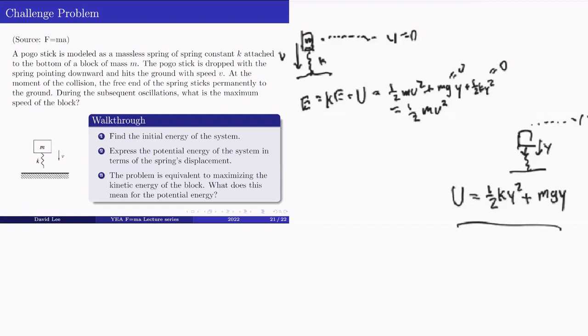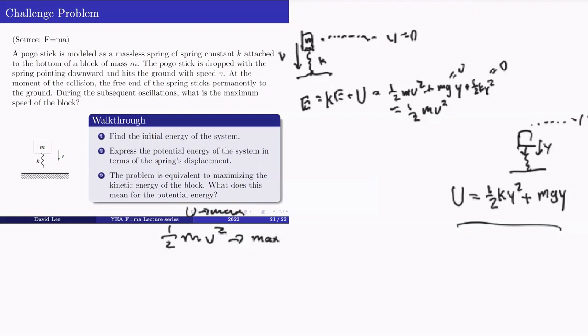But what this really means is if v is maximum, that also means that its kinetic energy is at a maximum, because 1/2 mv squared will also be at a maximum.